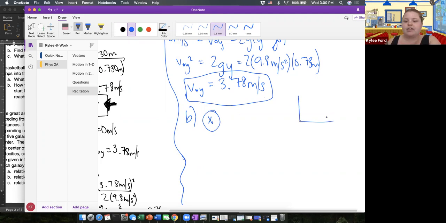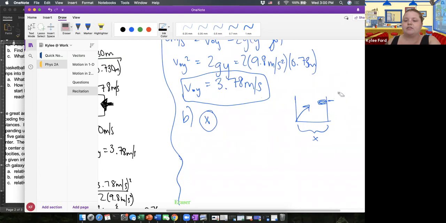Say we're looking at this little thing here, there's the hoop. What distance does he need to start his jump, so that this is where the maximum height is? I'm sorry, not Vmax, but the maximum height.